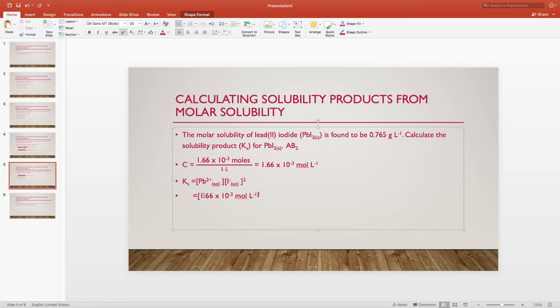But the concentration of the iodide is twice that. So we have to multiply that by 2 first and put that in.